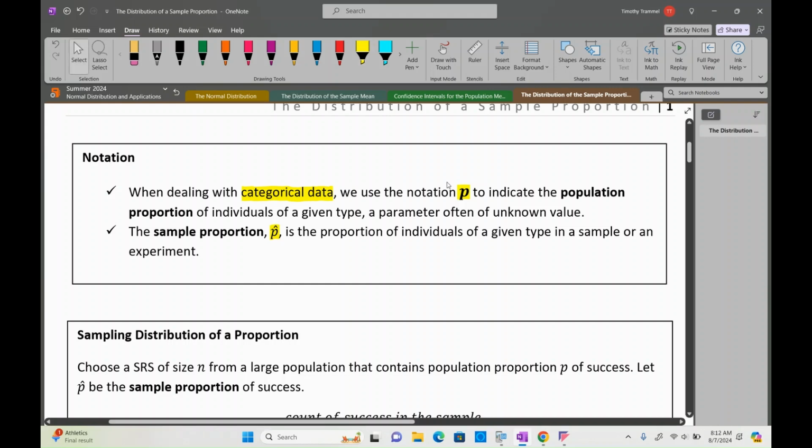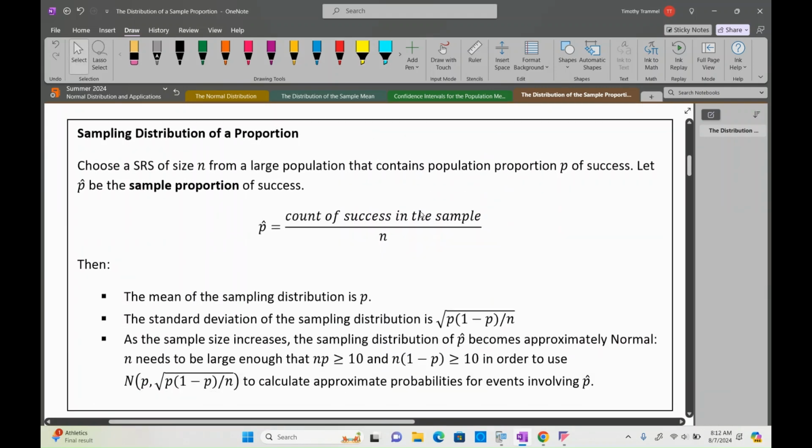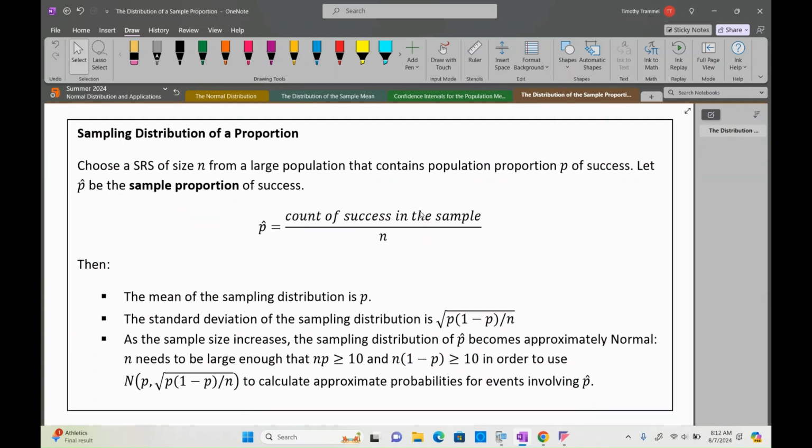So let's move down here. We have the sampling distribution of a proportion. Even though we're going to be working with categorical data, we can very well approximate the distribution using the normal distribution.